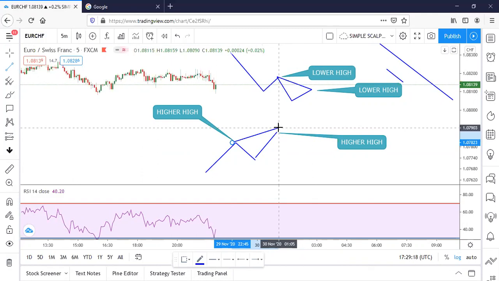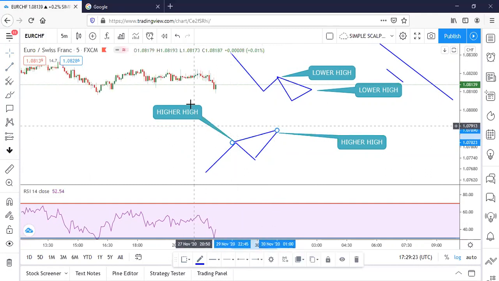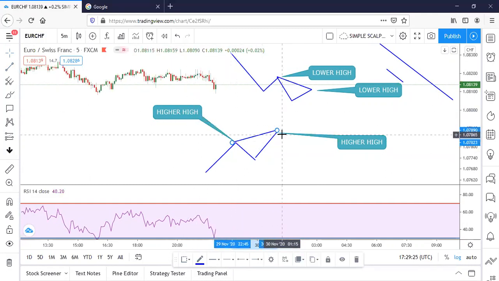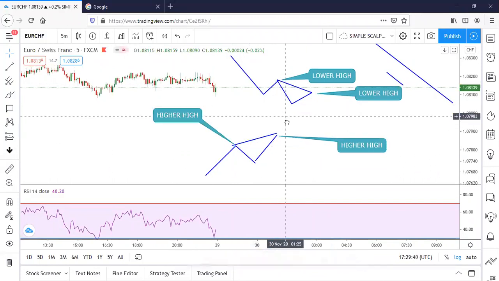I hope this is clear. Just to tell you that we are still moving down. So your indicator must give you higher high, as you can see, while your chart must give you lower high. So you want to connect this area with your indicator and this area with the high of your indicator. I hope this is clear.